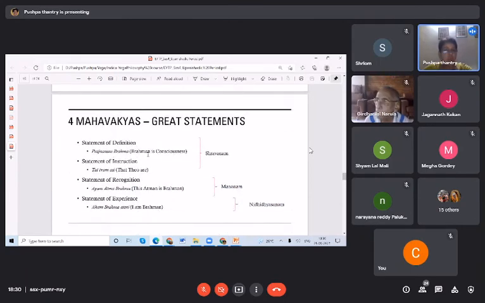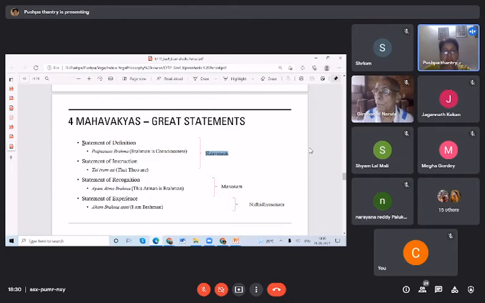Now, again, this is important. The three aspects of how you have to learn are Shravanam, Mananam, Nididhyasanam. Shravanam is a statement of definition. For example, Prajananam Brahma. Brahman is consciousness. Okay, it is like a definition. And statement of instruction also, like Tattvam Asi, you are that.